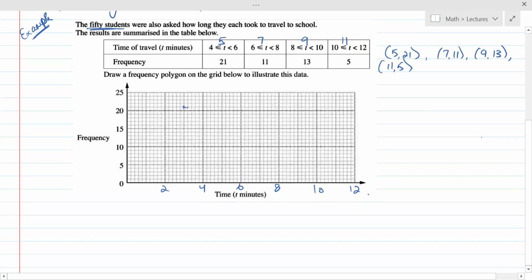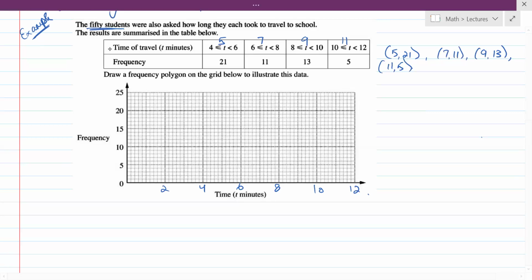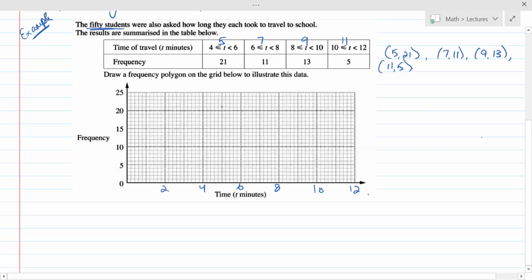Sorry, 5 comma 21, I plotted it wrong. 5 comma 21 would be here. 7 comma 11, it has to be somewhere here. 9 comma 13, it should be here. And then 11 comma 5, it has to be here.